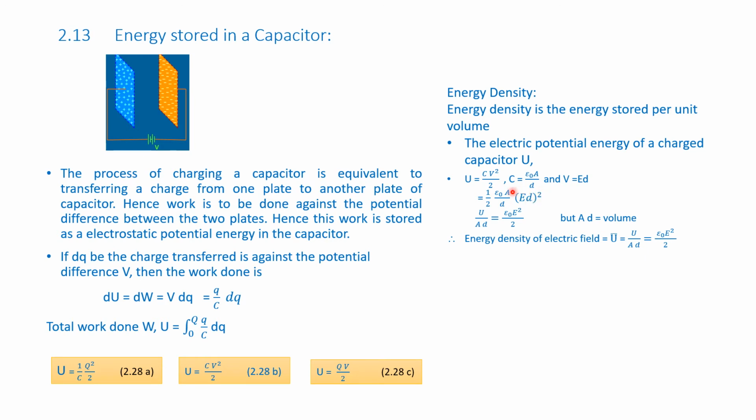We are combining three formulas. One is U is equal to CV square by 2. We are substituting the value of C and we are substituting the formula for V.